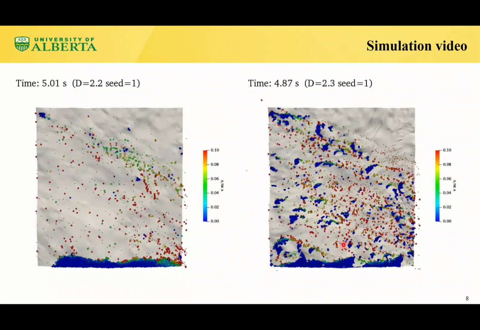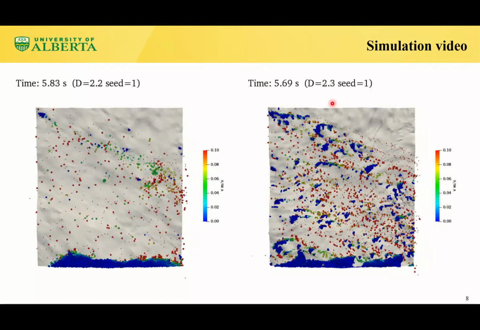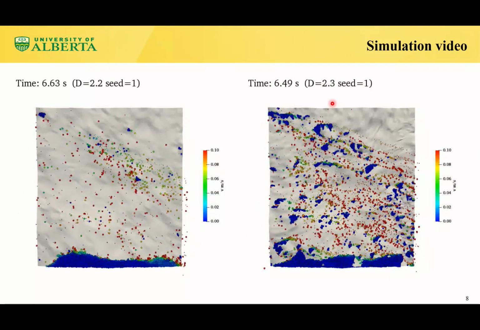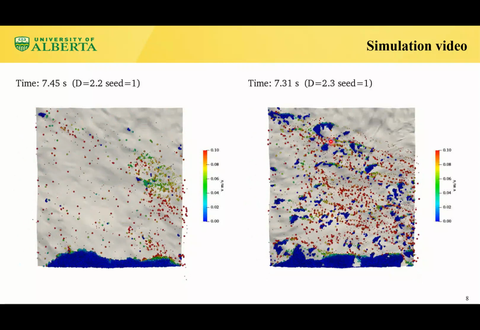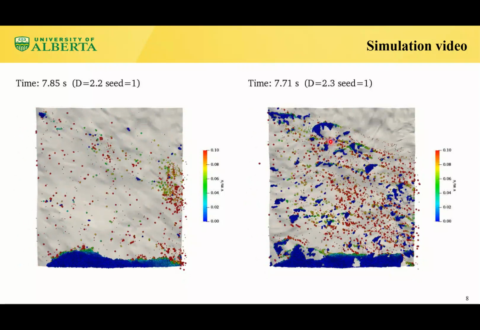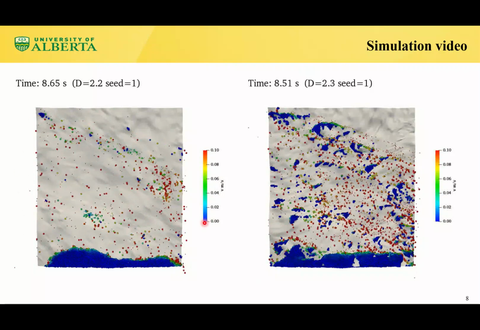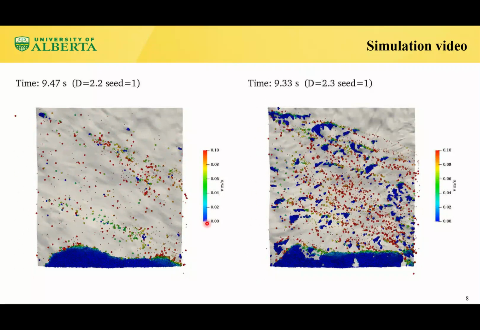However, when the fractal dimension increases to 2.3, we can see that there are several proppant clusters at the rough locations of the fracture, and the proppant coverage ratio also increases. Therefore, there is a larger difference for models with different fractal dimensions.